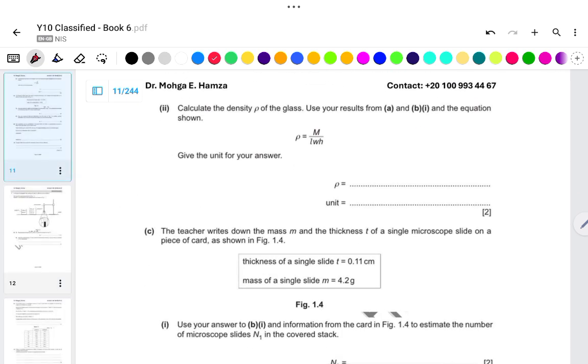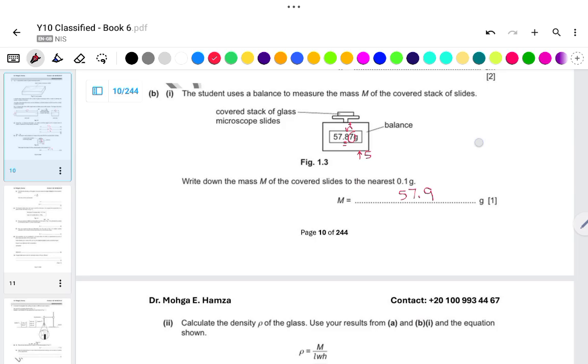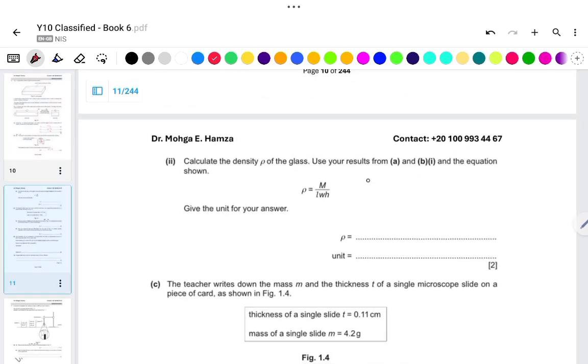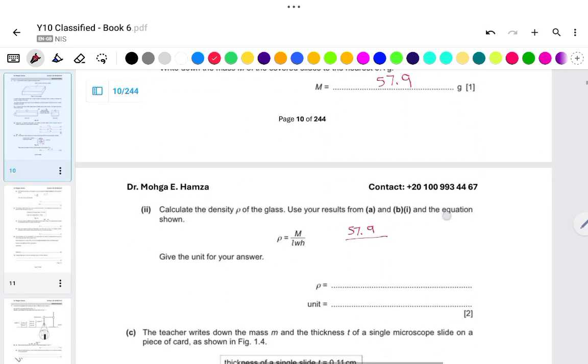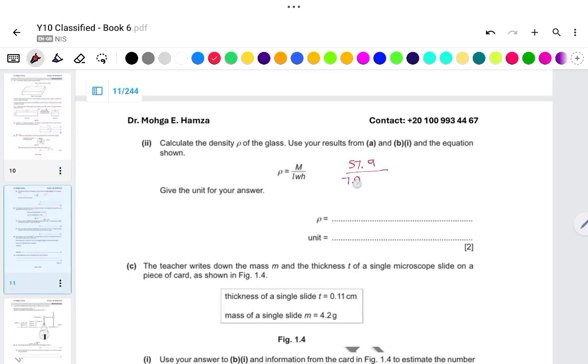But since I have 7, which is 5 or more, it's going to add on to my 8 to become 9. Calculate the density of the glass. Use your results from A and B(i) and the equation shown. Okay? So I already know that I have m, 57.9, and I have length, width, and height, 7.5, 2.5, and 1.3.